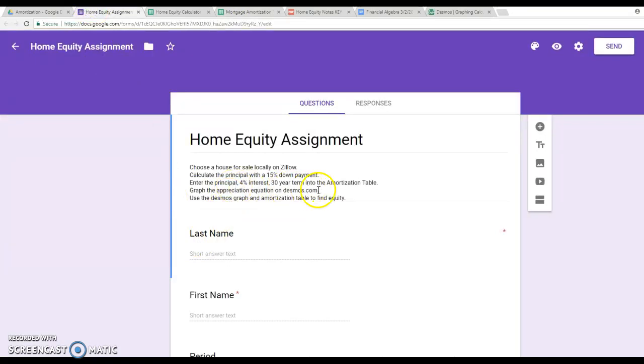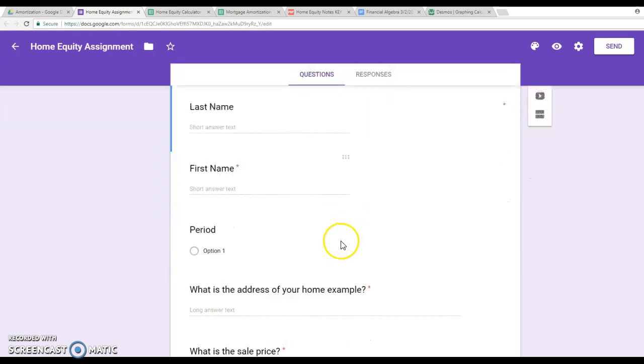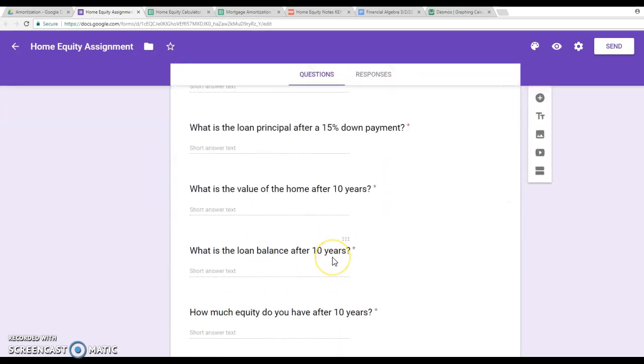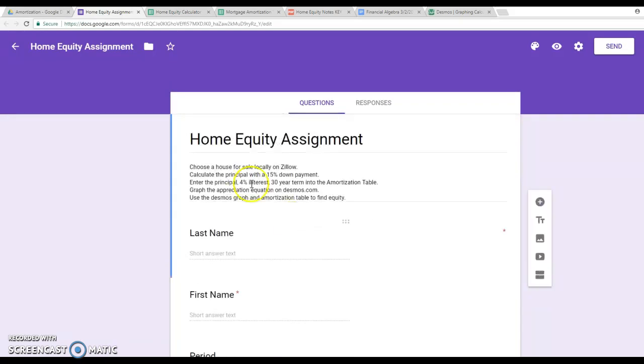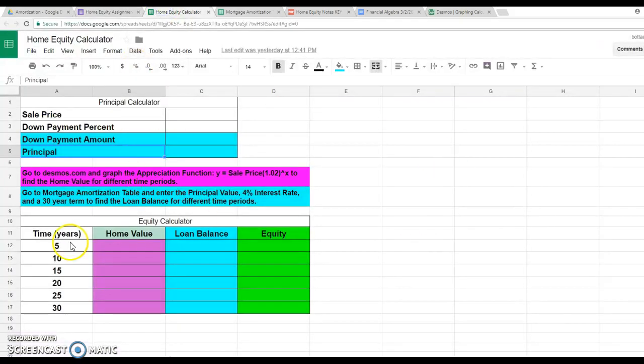Go to Desmos and type in their equation so they can find the house value. Enter the information into the amortization table so they can come up with the loan balance, and then answer questions on equity. So basically very similar questions to what we had just gone over when we were working through this calculator with them. So that is about it.